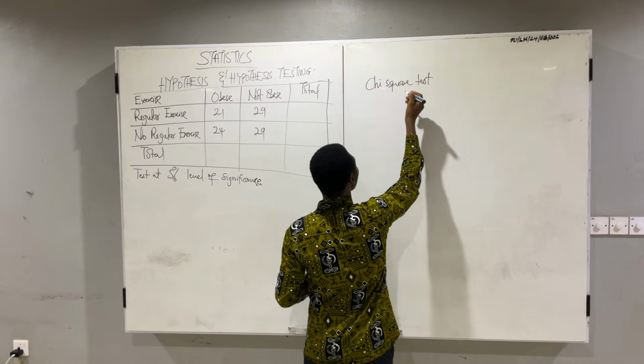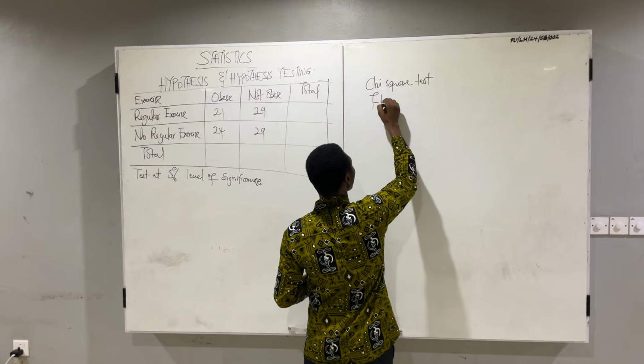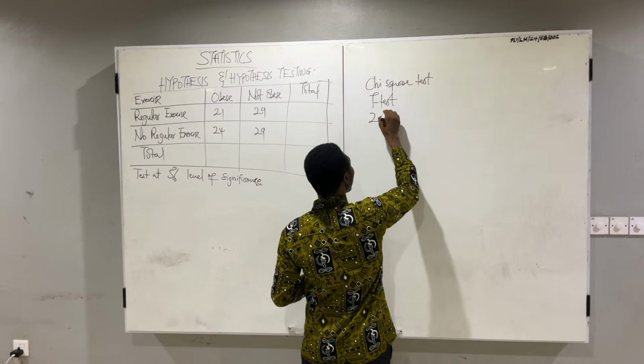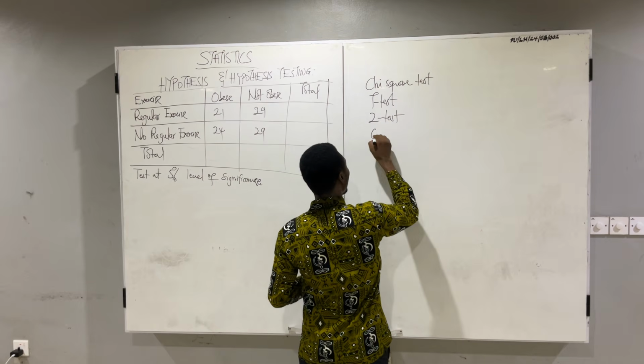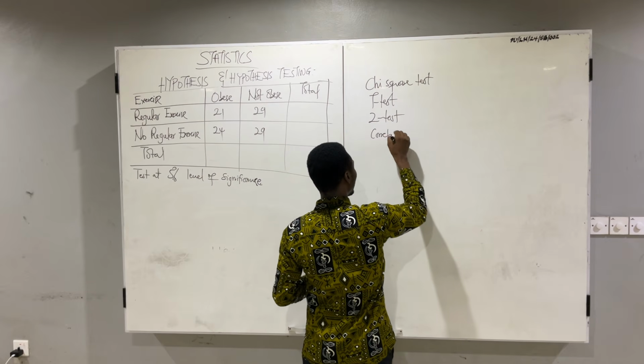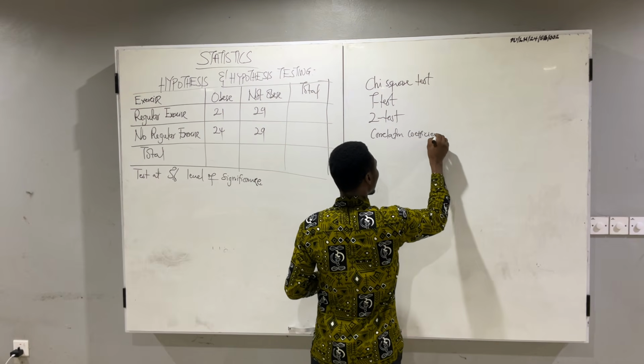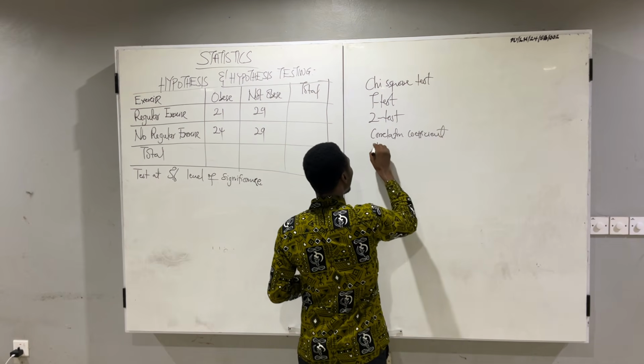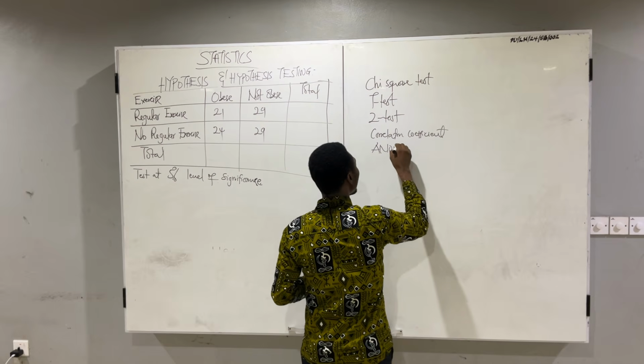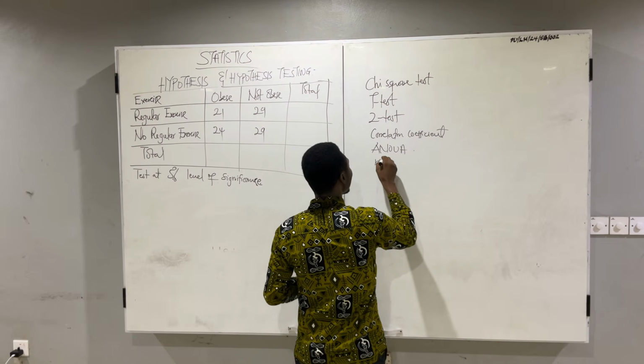we have t-test, we have z-test, we have correlation coefficient, we have ANOVA, which is analysis of variance, we have regression.